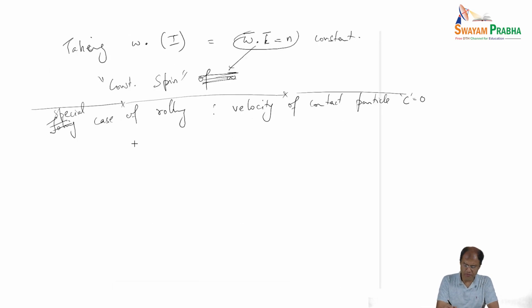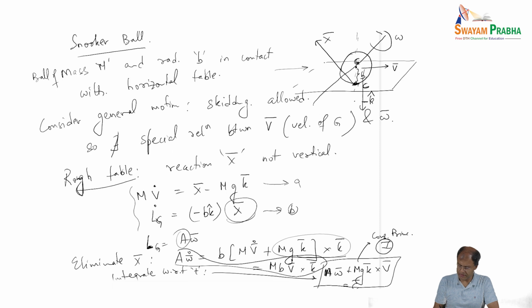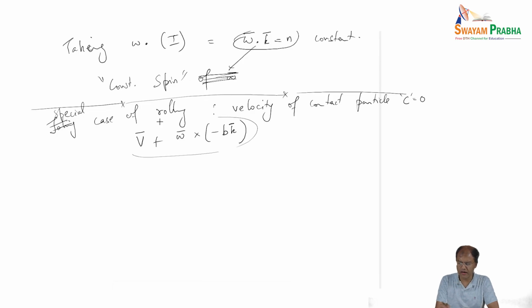Okay, so then we have V plus omega cross with minus BK. So this is the contact condition. So the translational velocity plus the angular velocity times bk is 0. So this is my rolling condition here. So the rolling condition tells us that V plus bk cross with omega is 0.